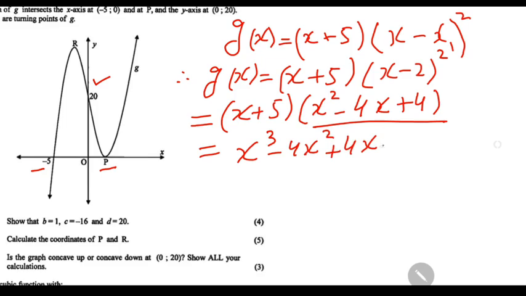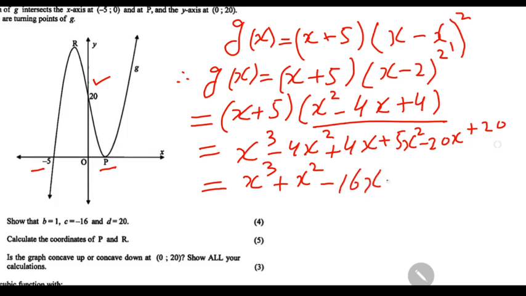Now I multiply by positive 5, so plus 5x square and minus 20x and plus 20. So I'm going to further simplify. x power 3, this becomes positive x square and minus 16x and plus 20.